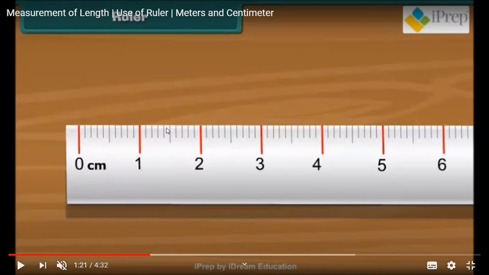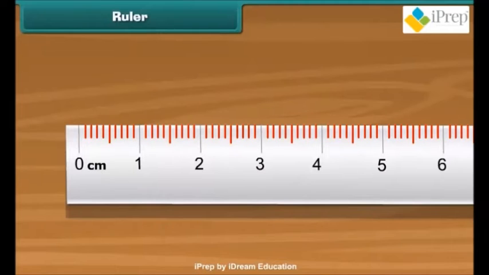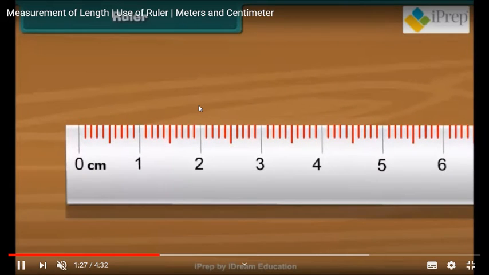The longer lines represent the numbers in centimeter.